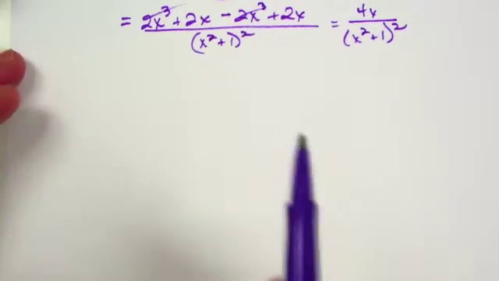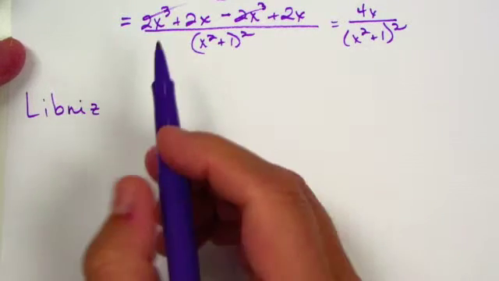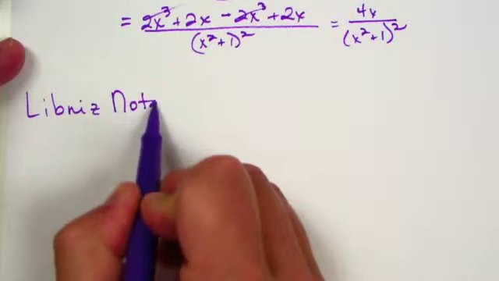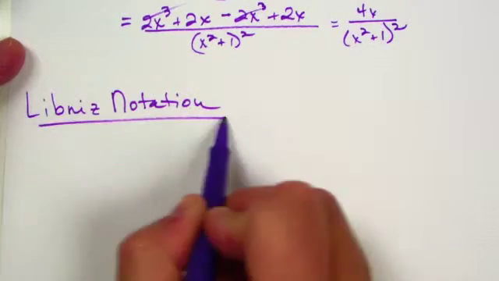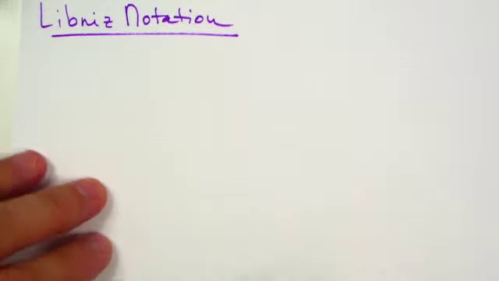Okay, so I need to show you some other notations that you might see. So there's this mathematician named Leibniz. Okay, so he's got some notation that we see. Wait, his last name is? Yeah. No. First name.